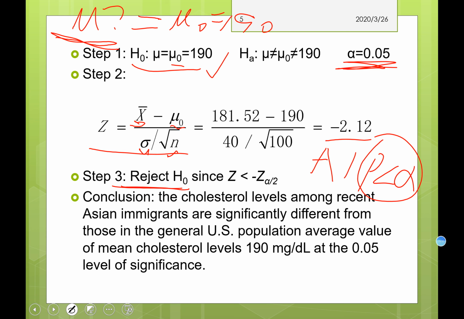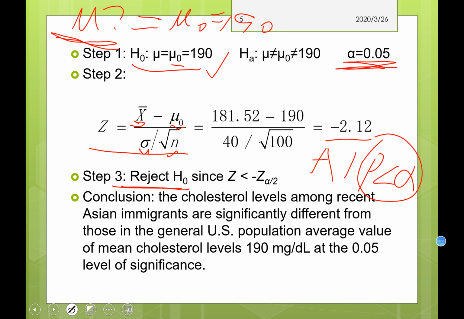So the conclusion here is the cholesterol levels among recent Asian immigrants are significantly different from those in the general US population. Average value of mean cholesterol levels 190 at the 0.05 level of confidence or significance level.